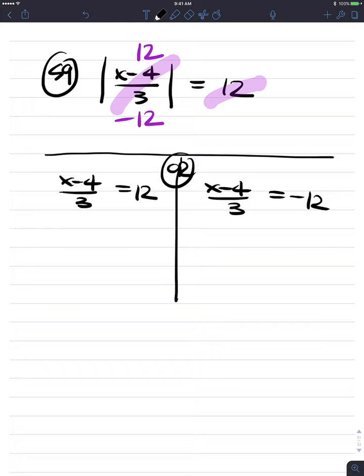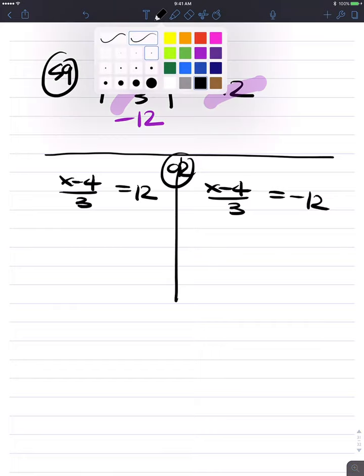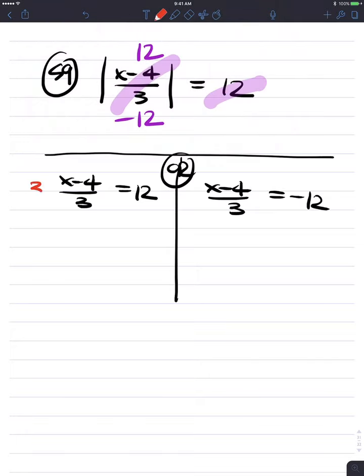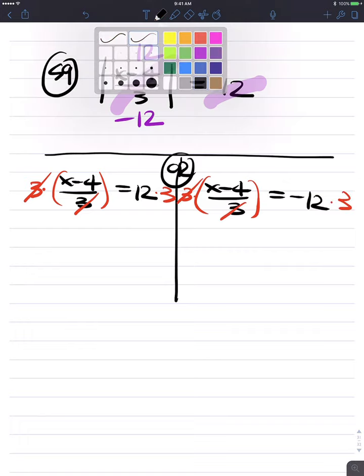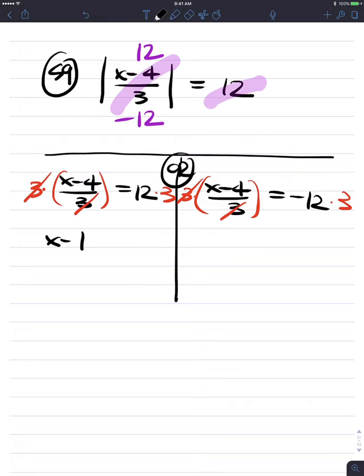So we're going to solve both of these equations by multiplying by 3 to both sides. We get cancellation here. Multiply by 3 to both sides. Cancellation, cancellation. We end up with x minus 4 on the left is 36, because that's 12 times 3.